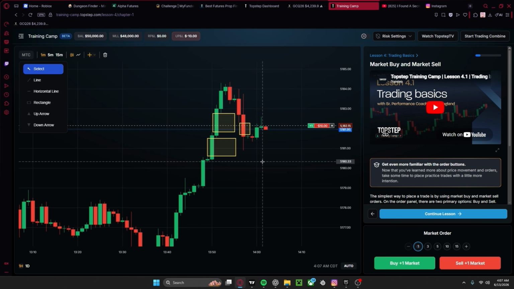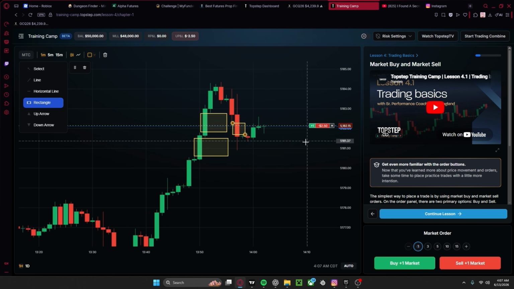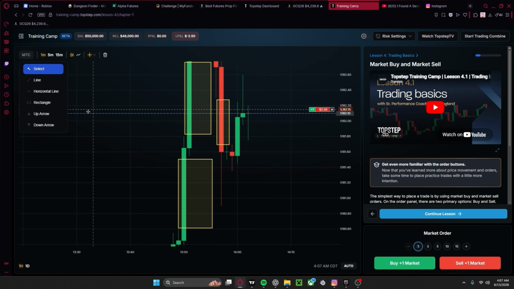So going right there. And we have one. Okay, so it touched this fair value gap.